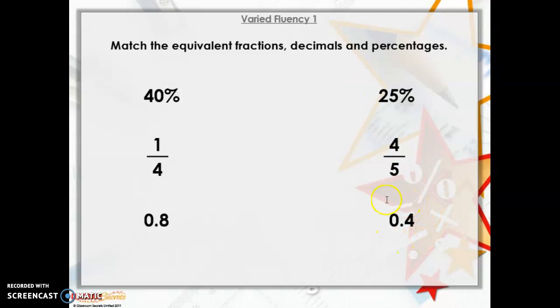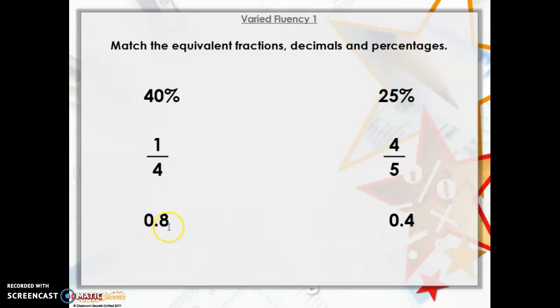Okay, hopefully you have seen that 0.4 is the same as 40%. Okay, because look here, you've got 4 tens there. Okay, 40% is 0.4.